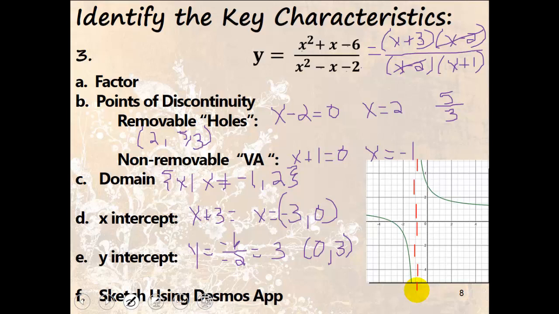So I'm going to put in a hole here. See, I put in a hole there. You have much more accuracy than I do. And then I'm going to mark my x-intercept is at negative 3, 0. So you're going to want to put a dot there. That's a closed dot. And then my y-intercept is at 0, 3. So put a closed dot there. Sorry, I have a hard time. There we go. Just like that.